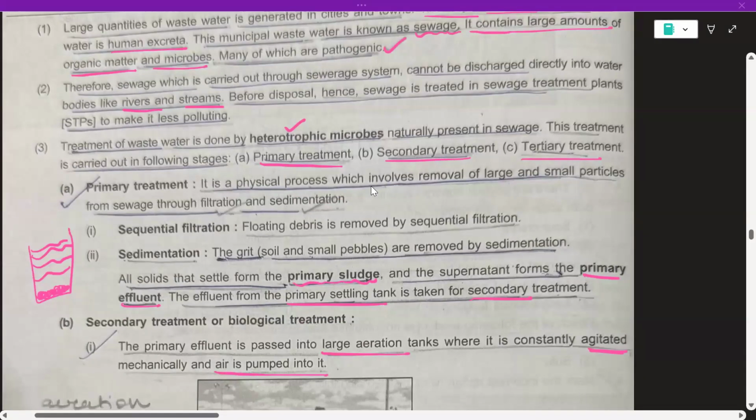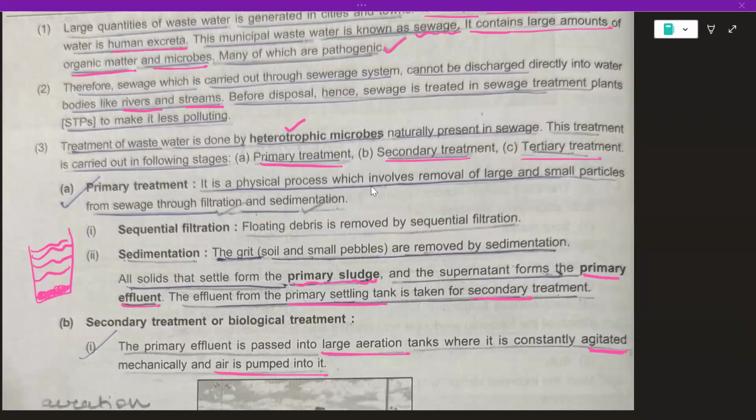This treatment is carried out in 3 steps: primary treatment, secondary treatment, and tertiary treatment. The primary treatment is a physical process wherein all the floating matter, all the soil particles, all the floating debris is removed. So large particle removal is done during the primary treatment.